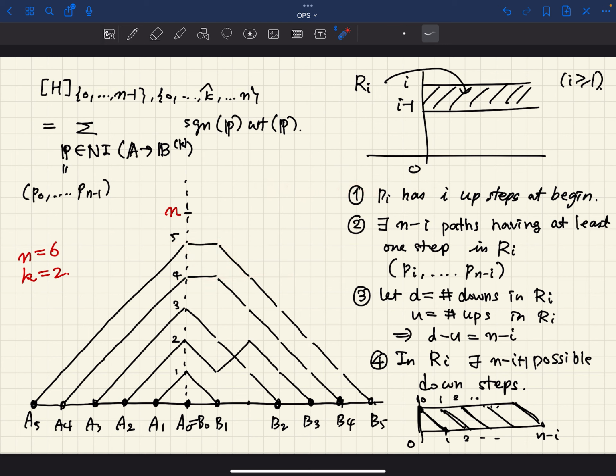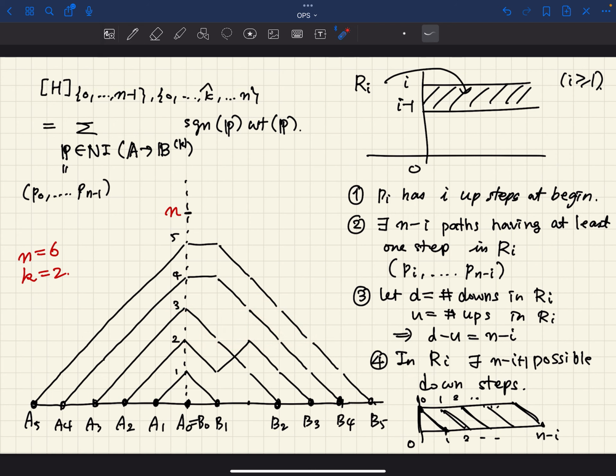Okay, so the point here is that these differ by 1. So suppose that we have only down steps in this region. Then we have 3 possibilities, but this is missing, right? And also here we have 4 possible down steps, but this is missing.